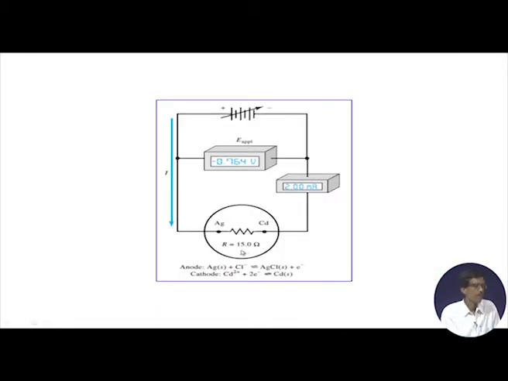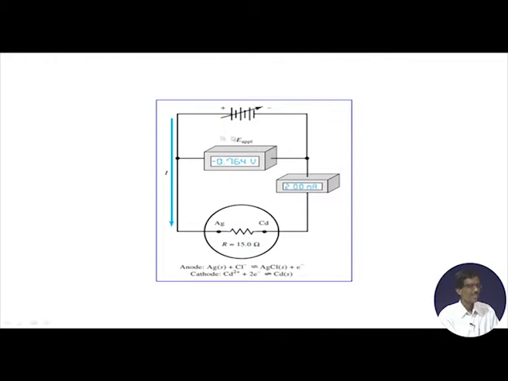So, if you have some 15 ohmic resistance within the cell between these two electrodes of silver and cadmium, this is the resistor we have shown. So, the cell itself has a resistance. We want a flow of current I such as a 2 milliampere current, such that your applied potential will change. It is changing from minus 0.734 volt to minus 0.764 volt.